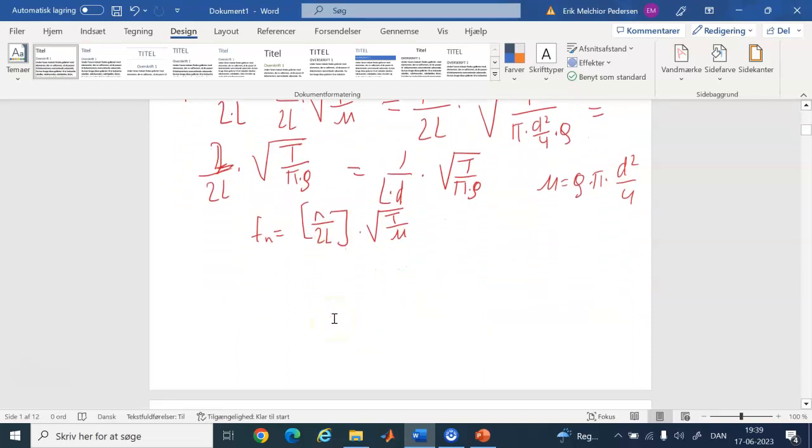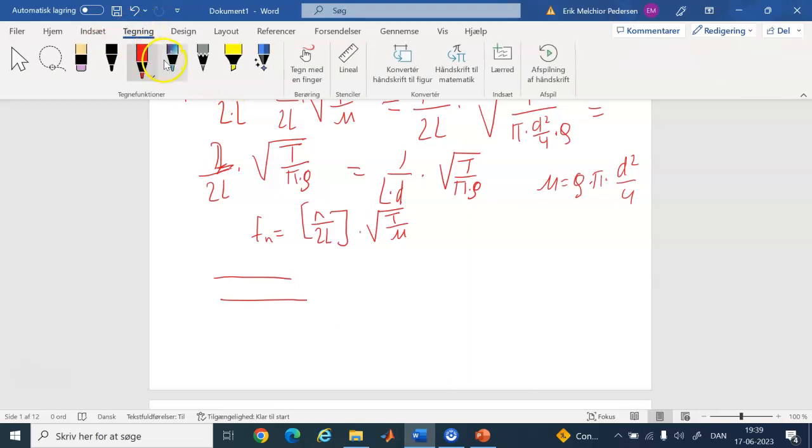We have the open tube here, and we learned that the motion should be like this, and the pressure should be like here.